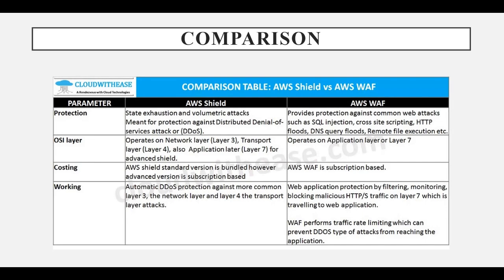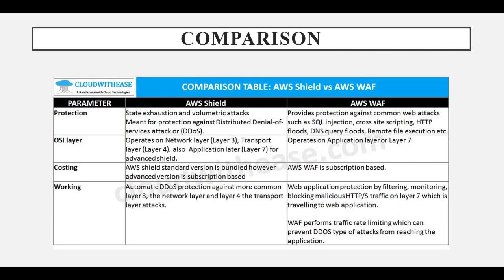When it comes to Shield, it provides automatic DDoS protection against the more common layer 3, that is the network layer, and also layer 4, the transport layer attacks. So Shield works like automatic DDoS protection against layers 3 and 4, while the web application firewall blocks HTTPS traffic and filters and monitors on layer 7, which is traveling to the web application.